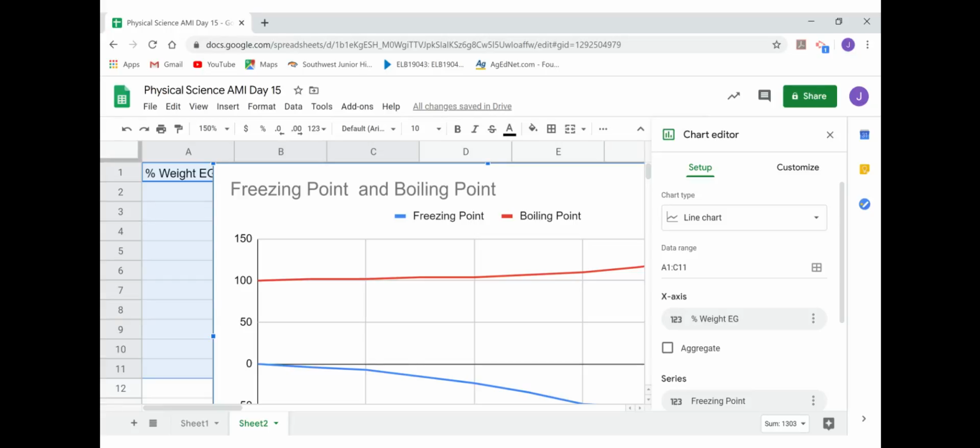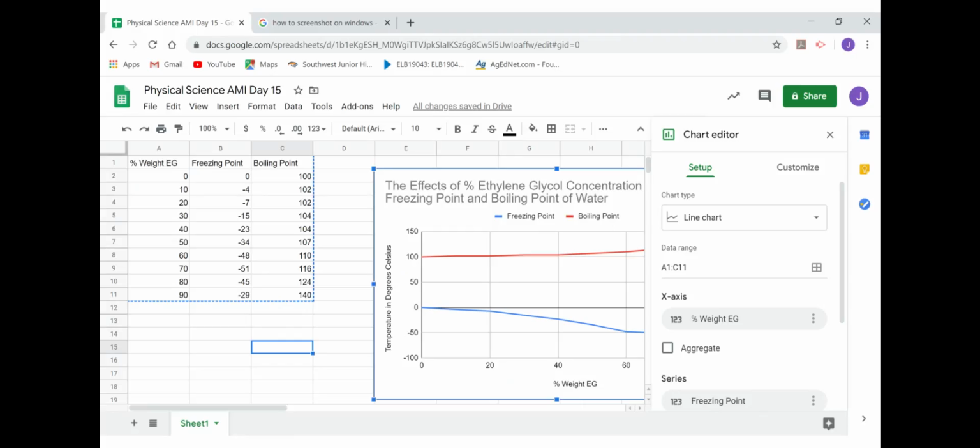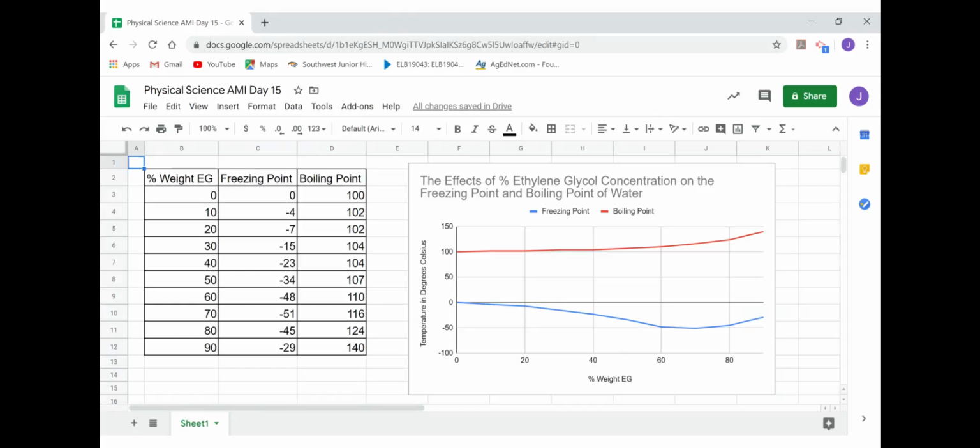I went into the chart editor here and I customized some things, added some labels, and made it look better for this particular data set. When I got finished, it looked like this.